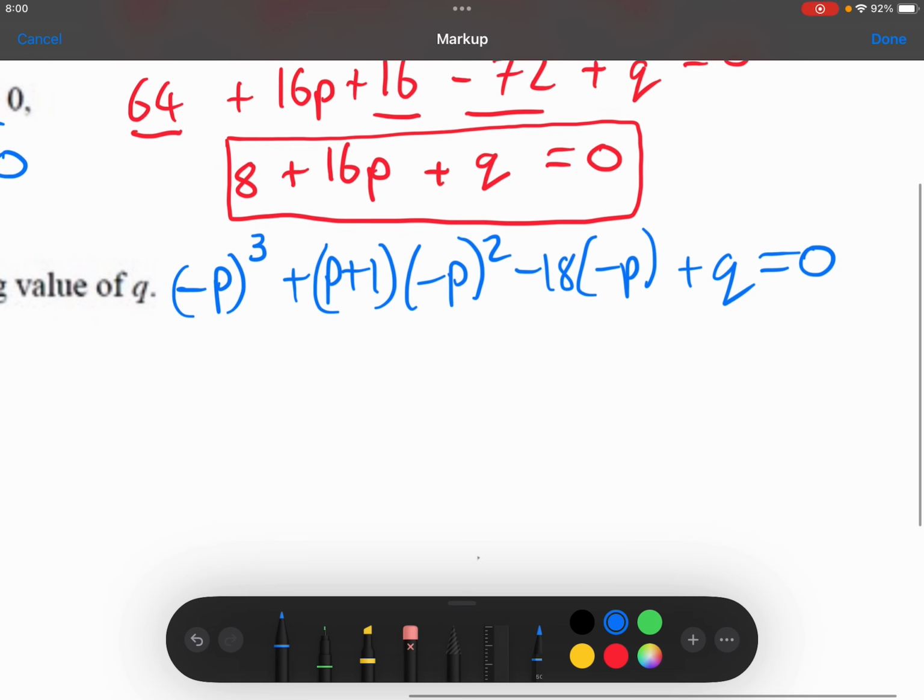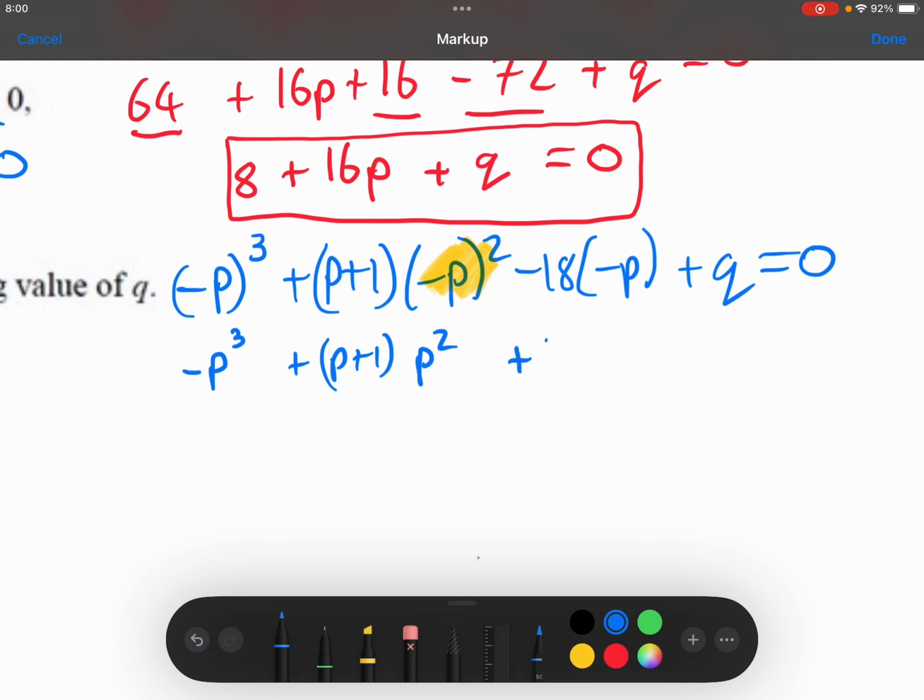Right, simplifying that. The minus p cubed, so minus p times minus p times minus p will be minus p cubed. Next, we've got the minus p squared, which will just be a plus p squared, because minus p times minus p is plus p squared. We've then got the minus 18 times minus p, which will turn into a positive 18p.